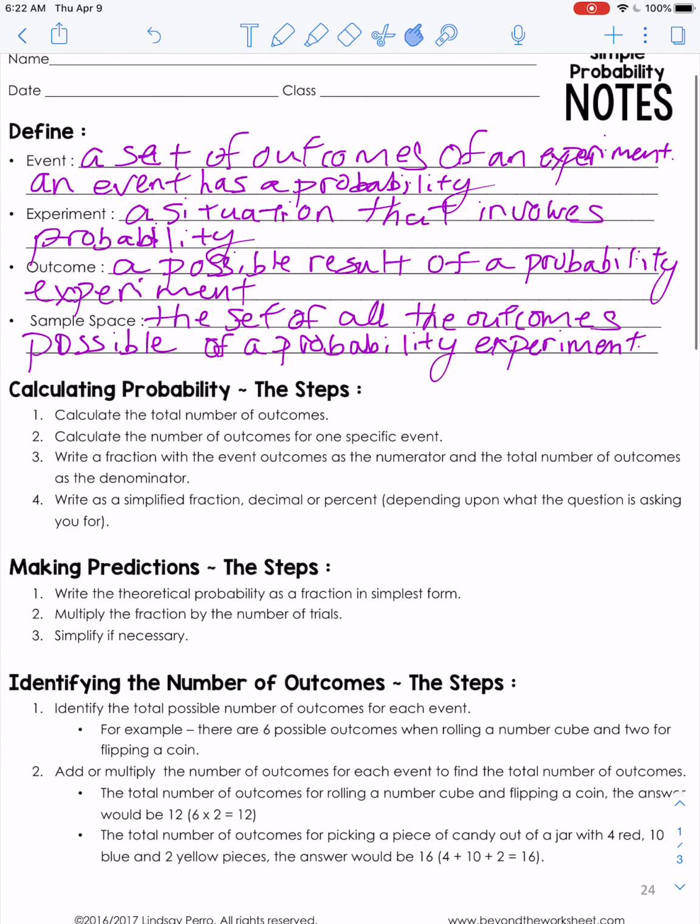So when we're calculating probability, we calculate the total number of outcomes. You calculate the number of outcomes for one specific event.